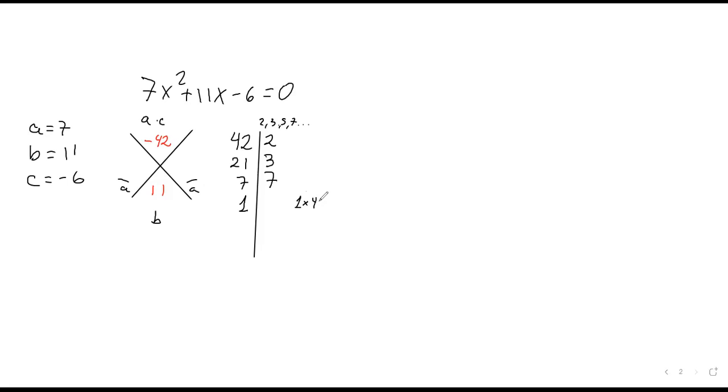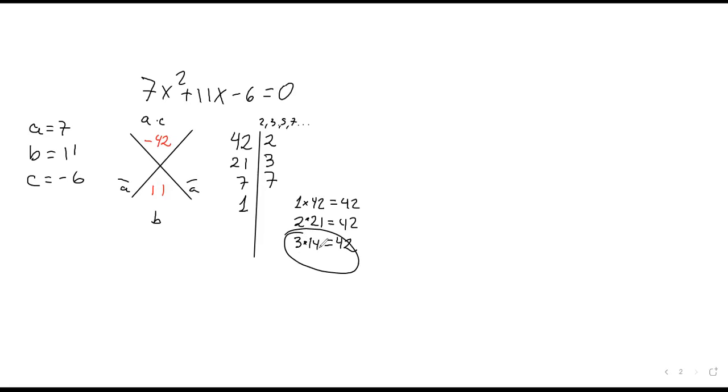One possibility is 1 times 42. Another possibility is 2 times the rest, that is 21. And another possibility is 3 times the other 2, so it's 3 times 14. 7 times 2 is 42. And which one can give me 11?